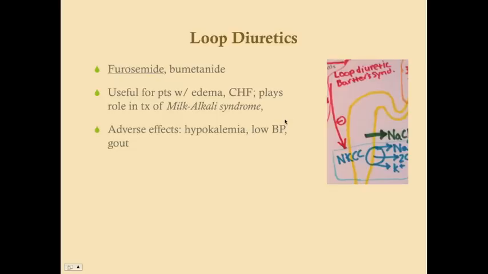So it will cause a reduction in blood pressure, but they will both cause hypokalemia. So the adverse effect of both thiazide diuretics and loop diuretics is that they cause hypokalemia. They also cause low blood pressure. That can be a desired effect or an adverse effect, depending on what dosage we put them on. And it can exacerbate or precipitate gout.